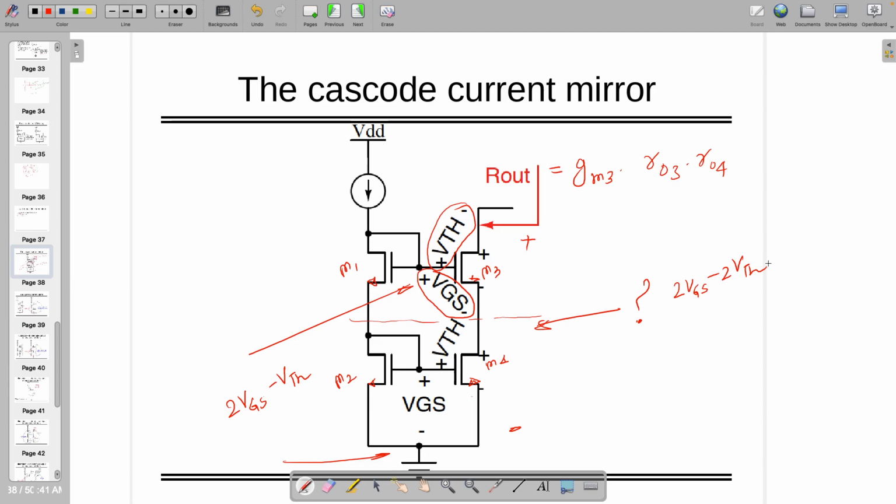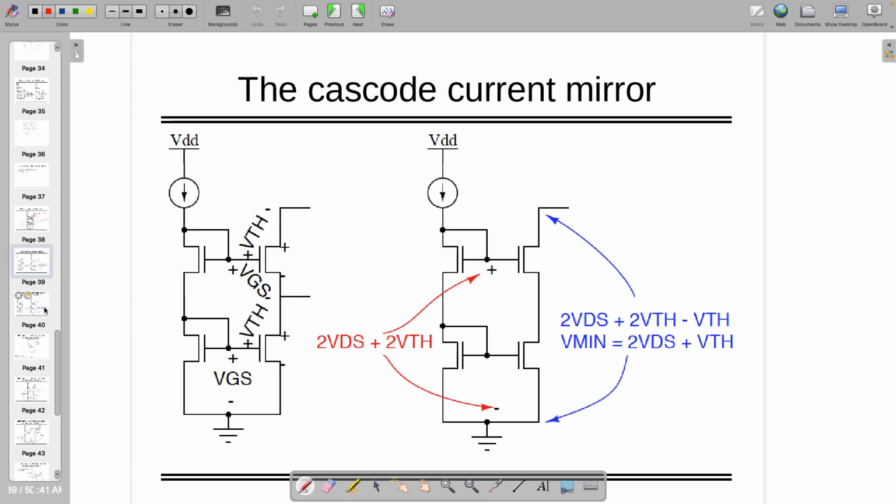This is one way to look at it. There are many ways to look at the voltage. If you look at the book, from here to here it was VDS plus VTH, right? If you remember, from here to here also VDS plus VTH.